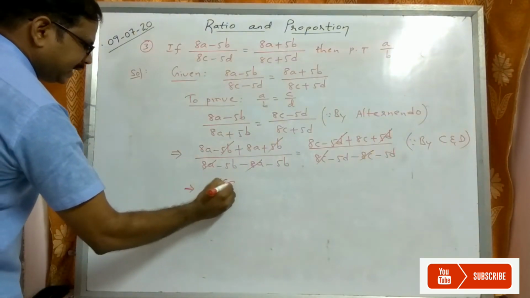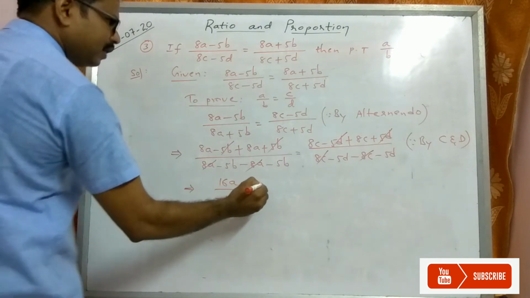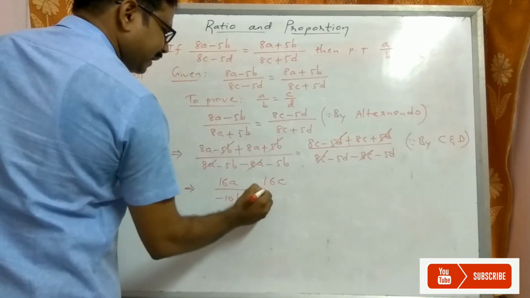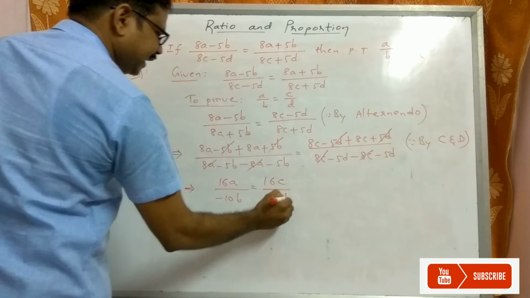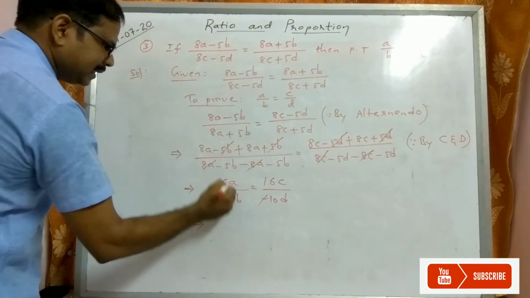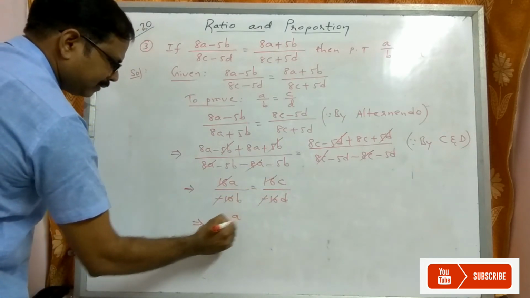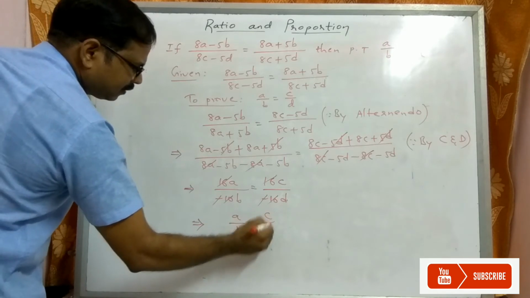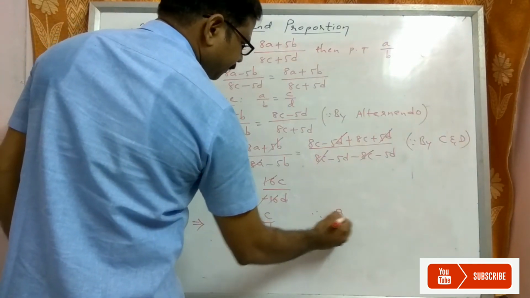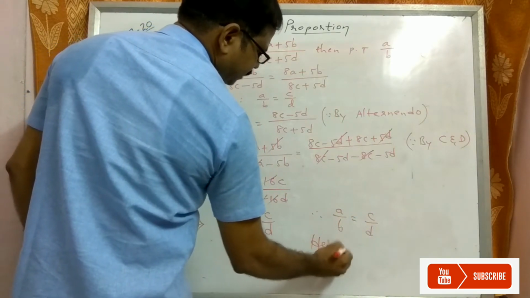So 16a by 10b equal to 16c by 10d, right? So minus minus gets cancelled, 16 cancel, 10 cancel. So what is remaining? A by b equal to c by d. That only we have to prove, right? Therefore, a by b equal to c by d. Hence proved.